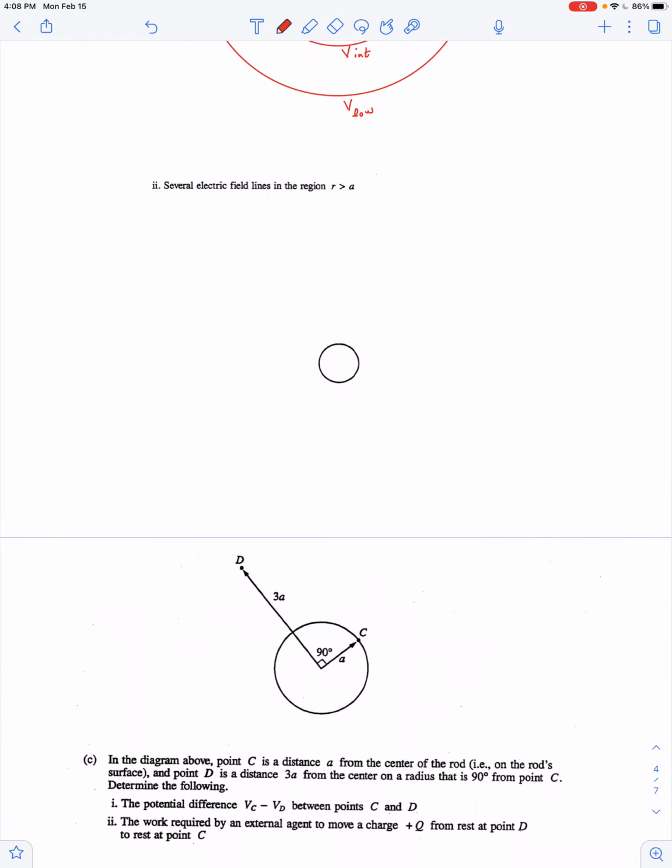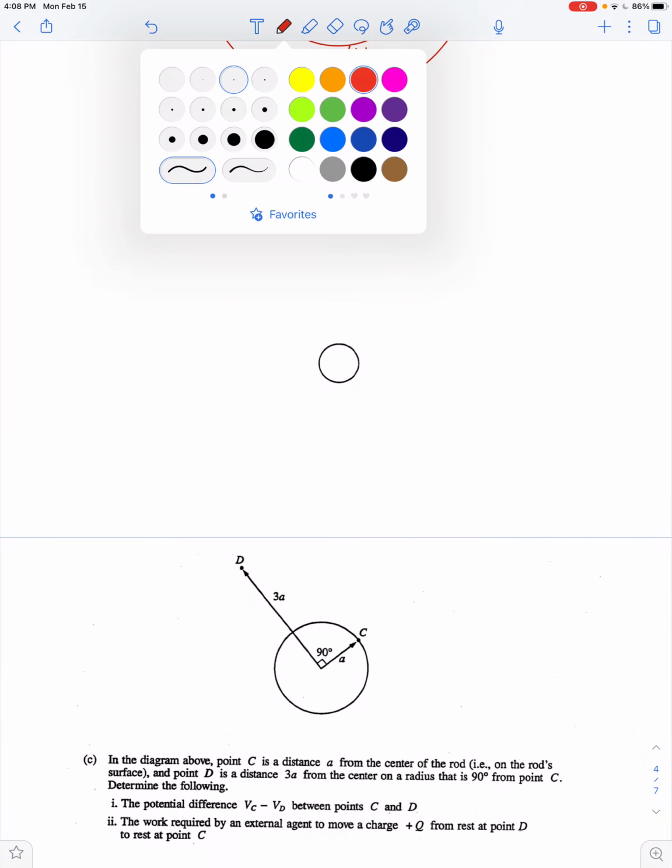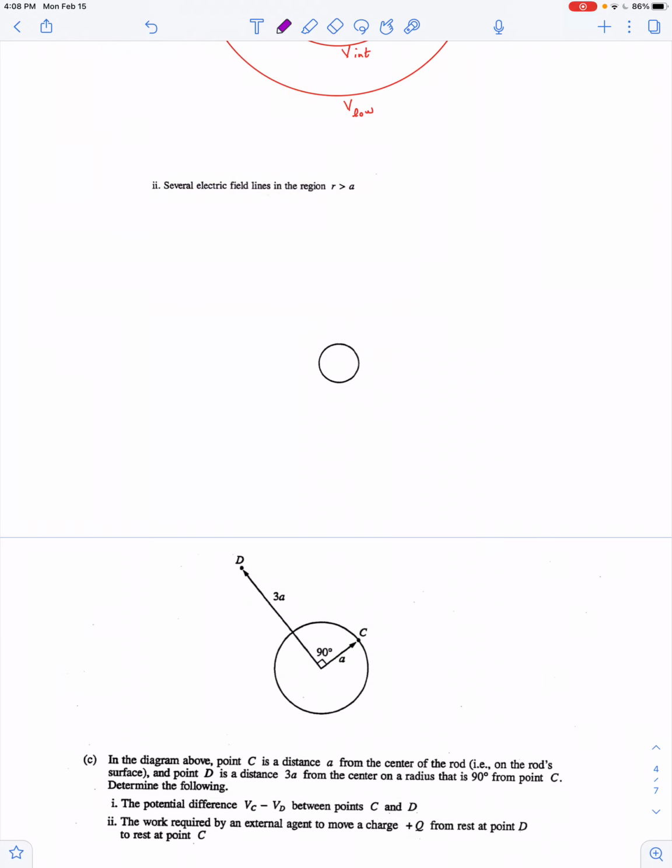Draw several electric field lines. And that's easy enough. Let's draw the field lines in purple. How's that? In this cross-sectional view, they just point radially outward.